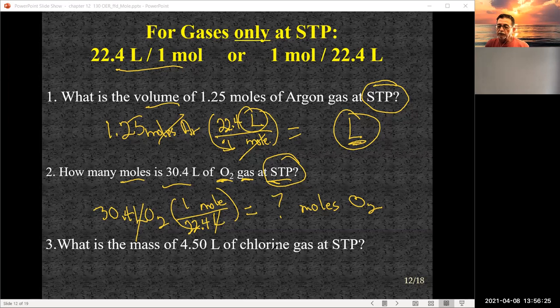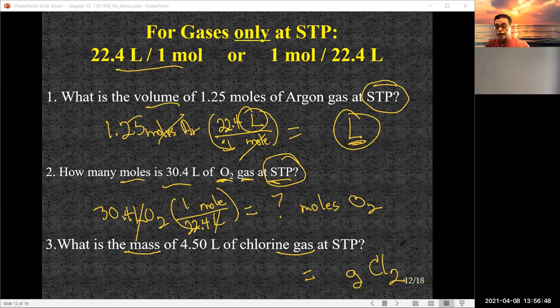A little bit of a different problem, but that's okay, we'll break it down. It's asking, what is the mass? Well, 99.9% of the time, we are talking about units of grams, of chlorine. Let's say chlorine gas, so that is Cl2.